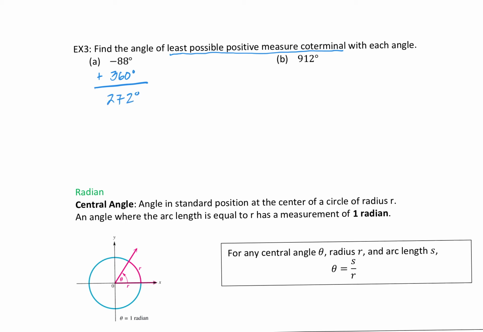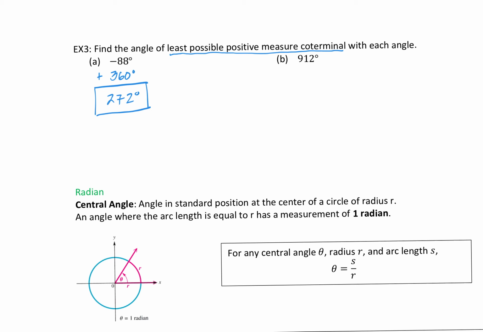This is a positive angle. It is between 0 and 360, and I added 360 to the negative 88, so they're coterminal. So this is the angle of least possible positive measure coterminal with negative 88 degrees.